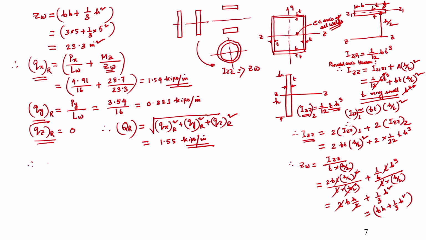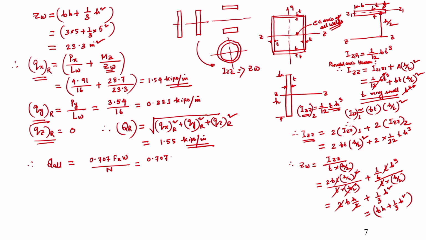Now we need to find Q allowable. I have already told you how to find Q allowable. We can find it with 0.707 times Fu times W divided by N, the factor of safety.